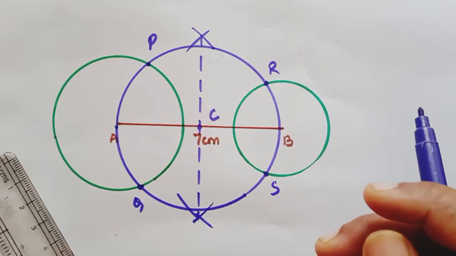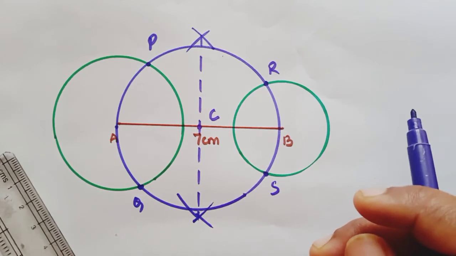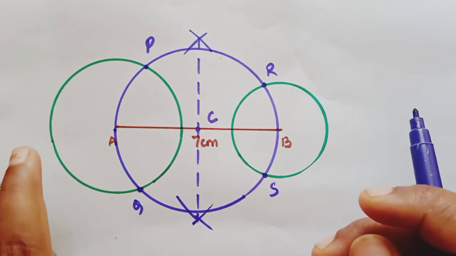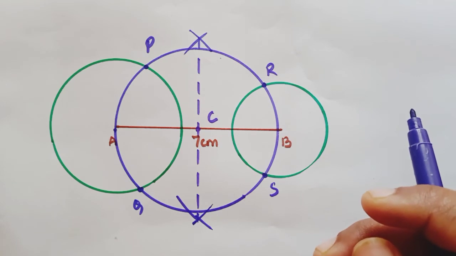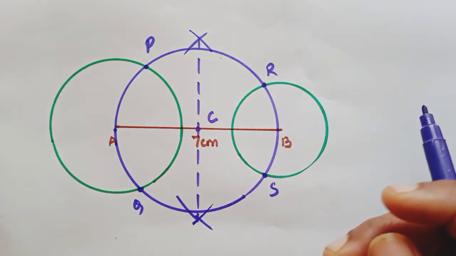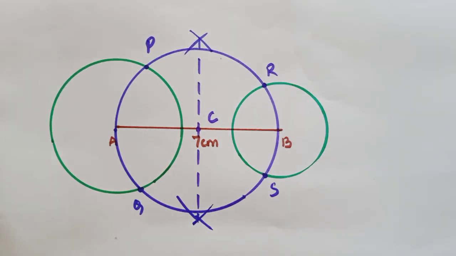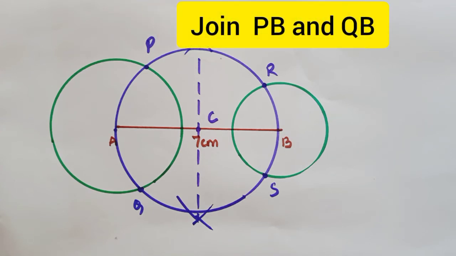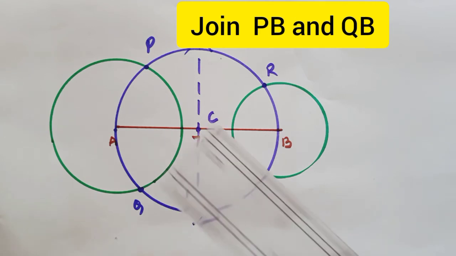Now the last part, coming to the last part of the question, you have to construct tangents to each circle from the center of the other circle. So to draw the tangents, what we need to do now? We have to join PB and QB.